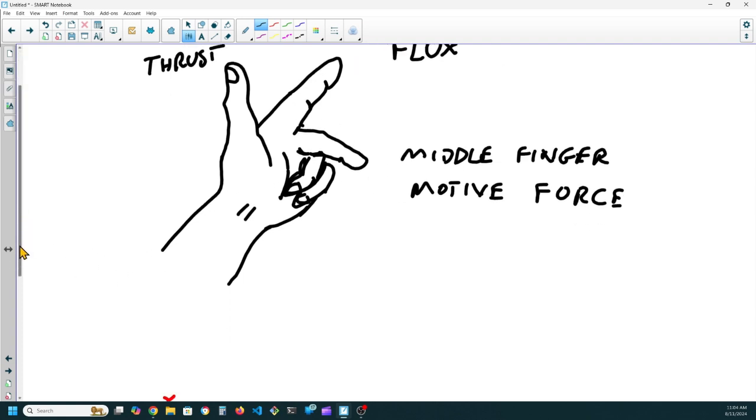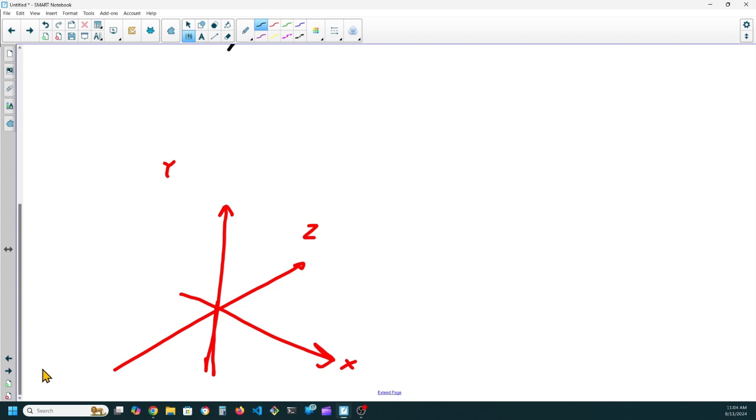All right, so if we look down here, we'll see that we have the X, Y, and Z axis. And this one up here is thrust. This is the direction the conductor is going through the lines of magnetic flux. Z represents the magnetic flux.